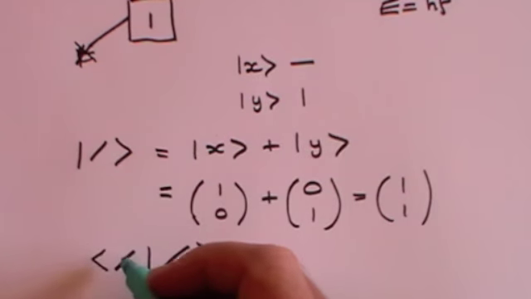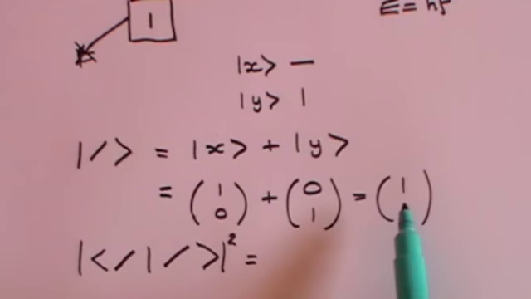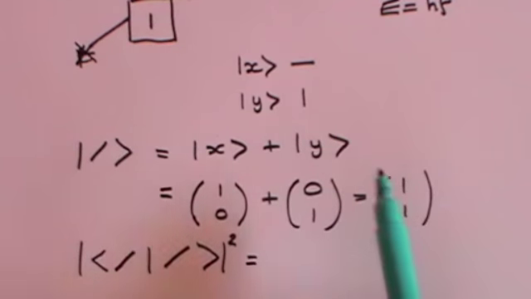So, and remember, that's the probability amplitude. To get the probability, we have to take the square. So, let's see what that amounts to. Remember, we've just assumed, as it turns out it'll be wrong, but we've assumed that the forward slash state can be represented as a 1, 1 vector.